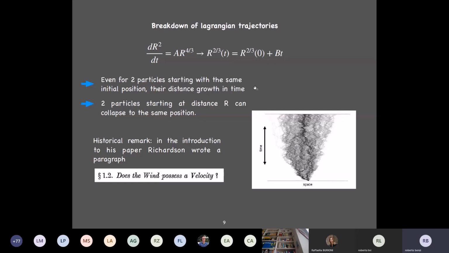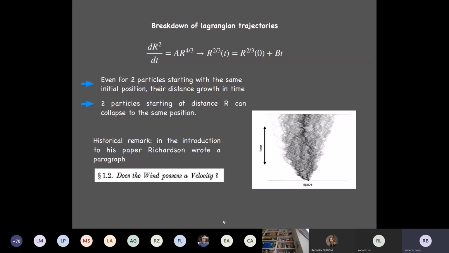Therefore, this breakdown of Lagrangian trajectory is somehow linked, in a way that we still have to clearly specify, to what is called the anomalous viscosity, or if you wish, the viscous anomaly, or if you wish, the zero law for turbulence.